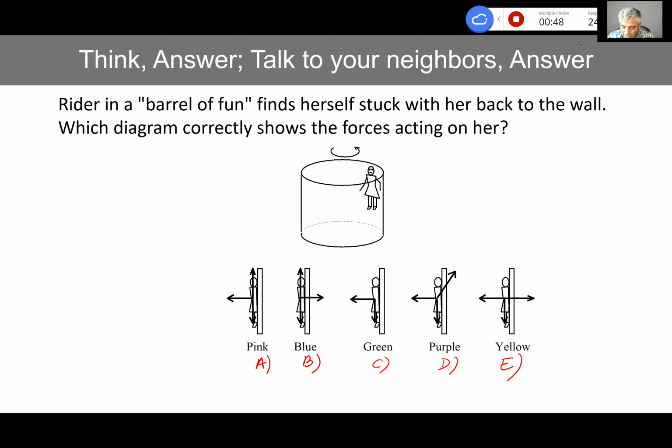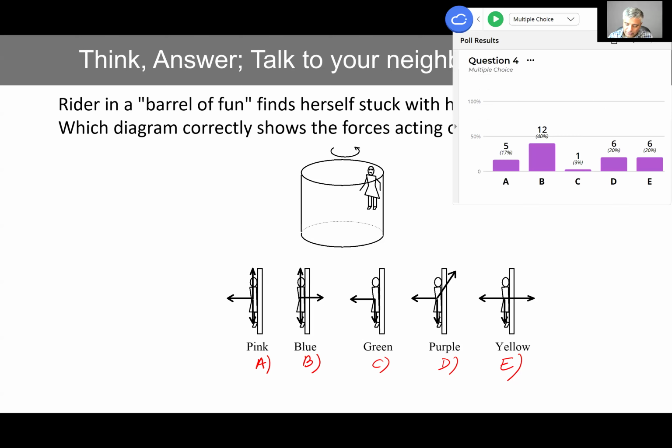Oh, forgot to warn. 30 more seconds. 5 more seconds. 5, 4, 3, 2, 1, and it stops.